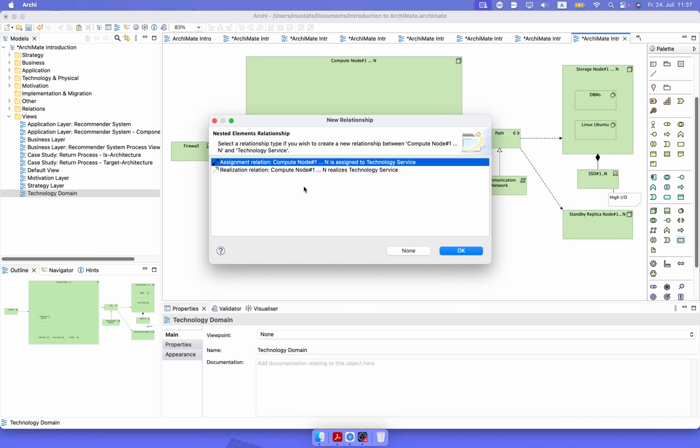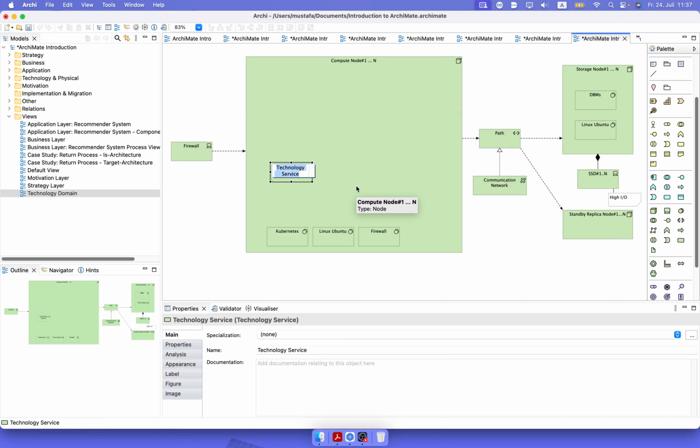So we have assigned to this node, the Kubernetes system, ingress and egress, so it makes sure that all communication passes through this.